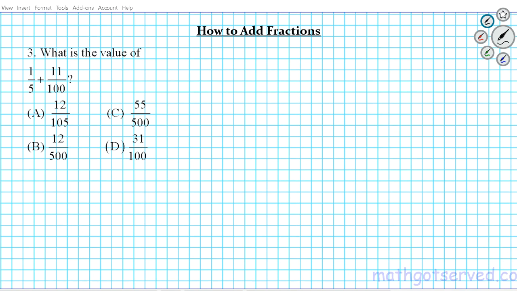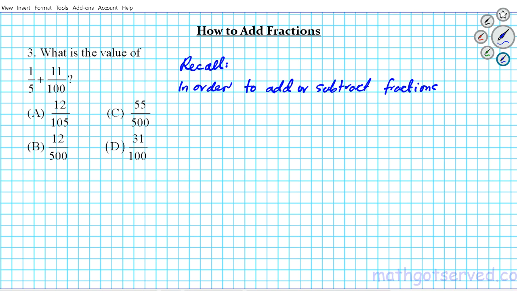Alrighty, let's take a look at question 3. In problem 3, we're going to be assessed on how to add fractions. In order to add fractions, there's something that's extremely important for you to remember. You want to recall that in order to add or subtract fractions, there's a certain criteria that must be met.